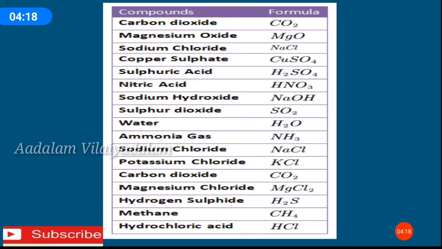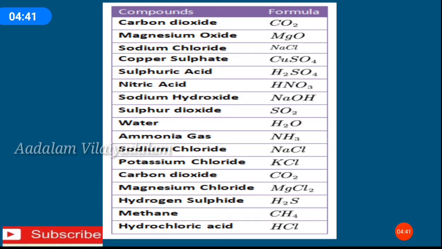Copper sulfate. 3 elements are present in copper sulfate. CuSO4. Sulfuric acid. H2SO4. Nitric acid. HNO3.